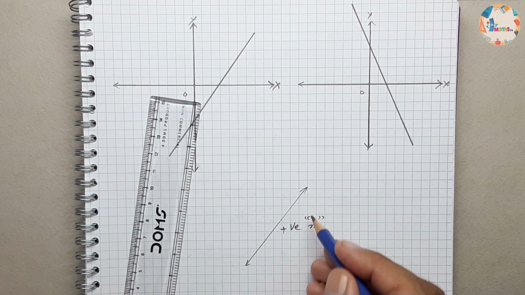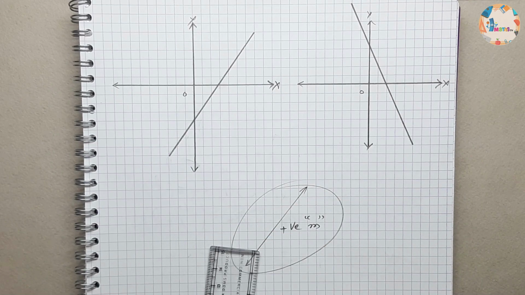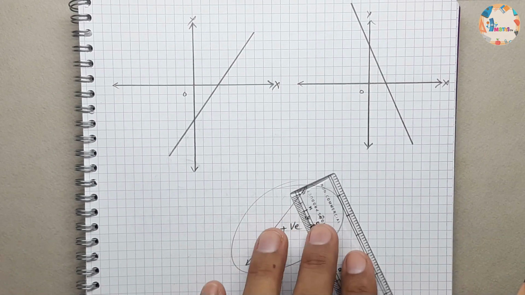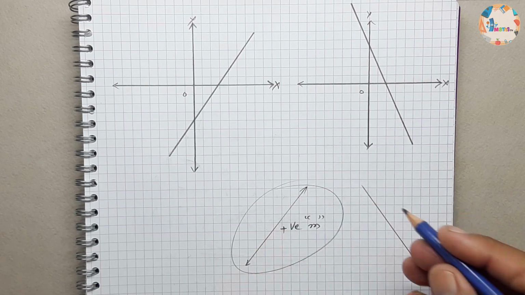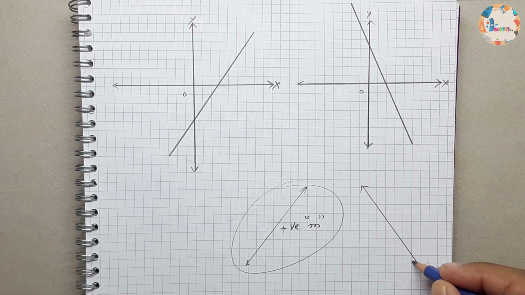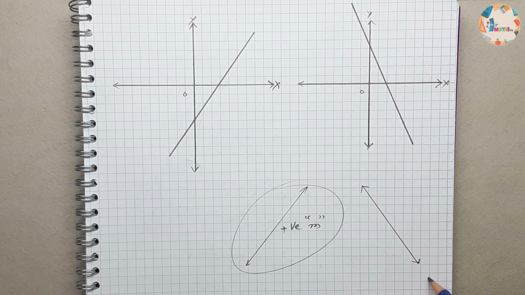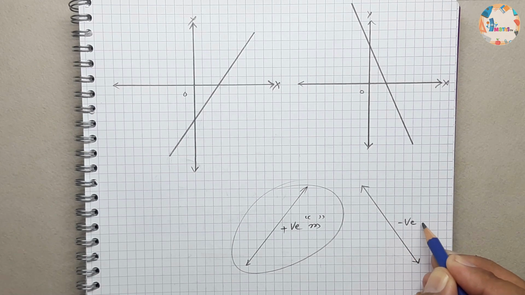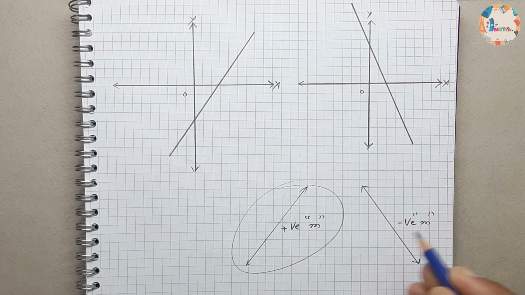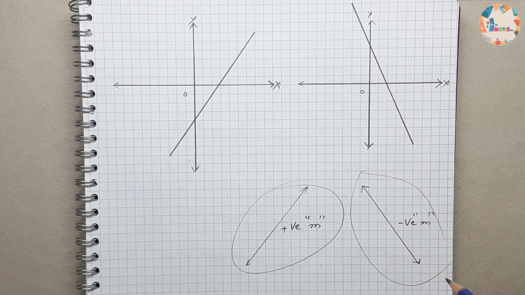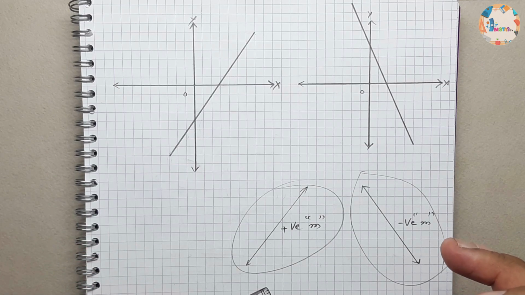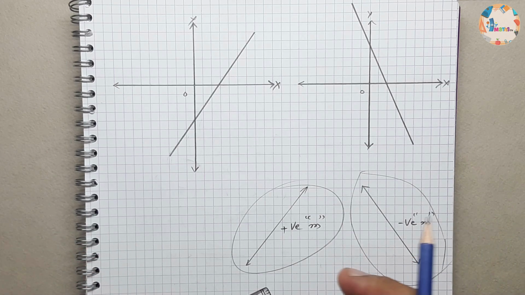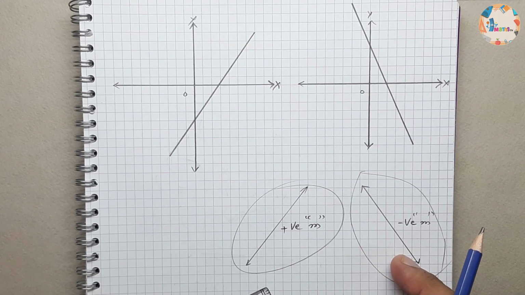And any straight line which is having right side down and left side up, like this one, sloping downward, will have a negative value of m. Just by seeing the line, you can identify that this has a positive slope and this has a negative slope.